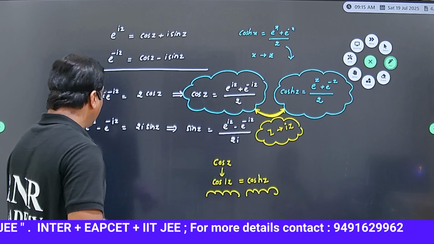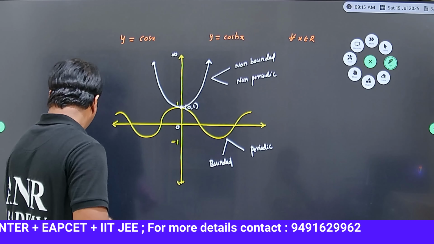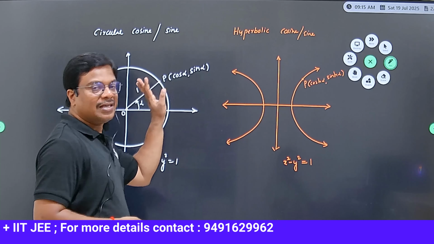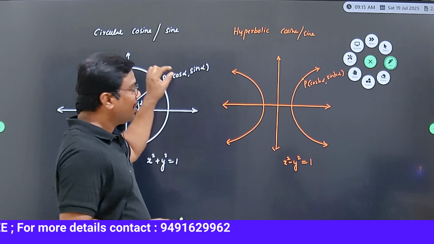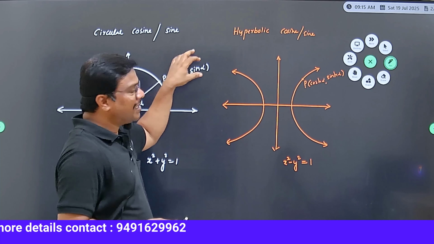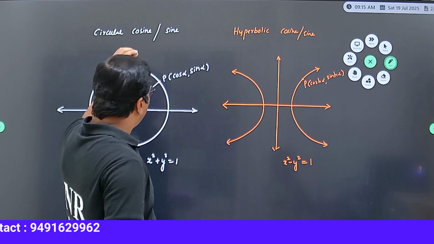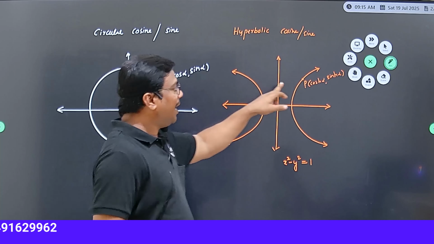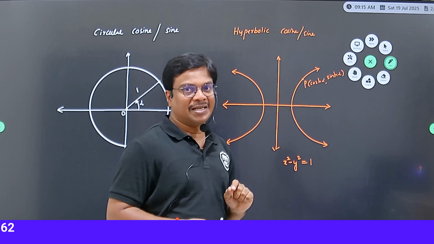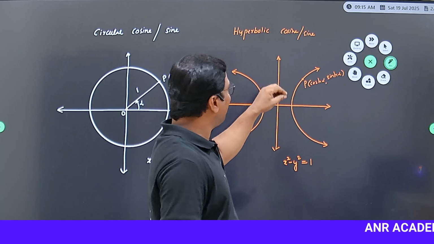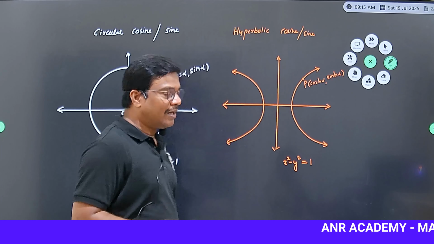And one more thing, we know that if P is cos alpha, sin alpha, cosine alpha and sin alpha are called circular parametric points, and hyperbolic cosine, hyperbolic sine, they are parametric points on a hyperbola.